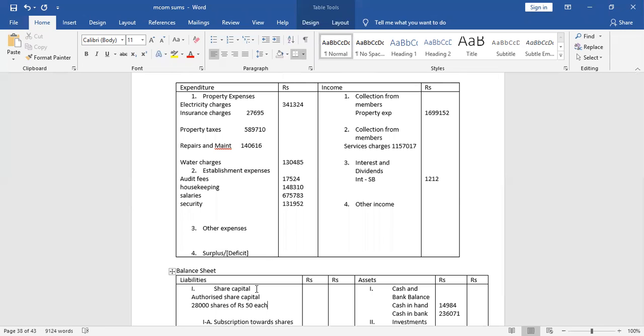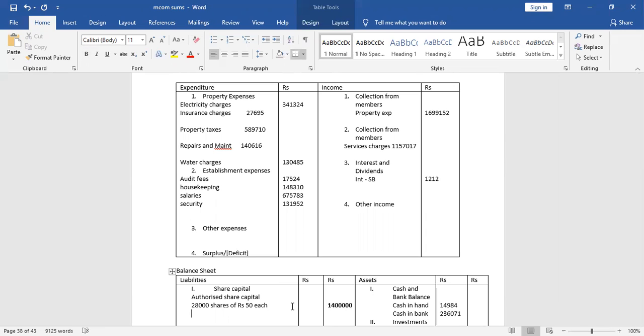Multiply, how much do you get? We get 14 lakhs. So I will write here 14 lakhs, but this has to be highlighted because it is not to be taken in the total.